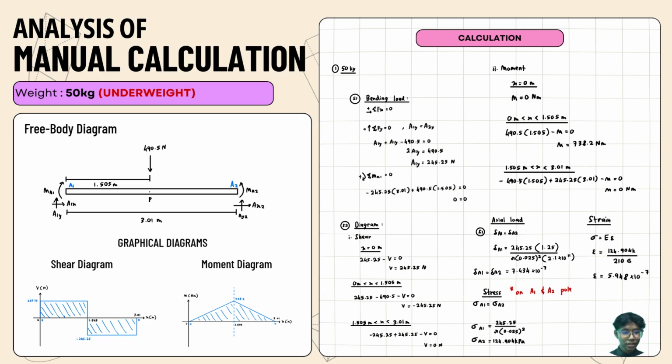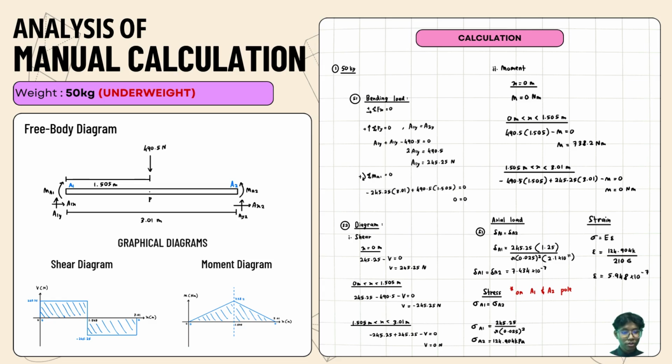So as we can see, based on the manual calculation, we already get the unknown force for the first one, which is A1Y, we got 245.25 Newton. And for the moment part, for 0 meter, we got a moment equal to 0 Newton meter. And for 1.505 meter, the moment we got here is 738.2 Newton meter.